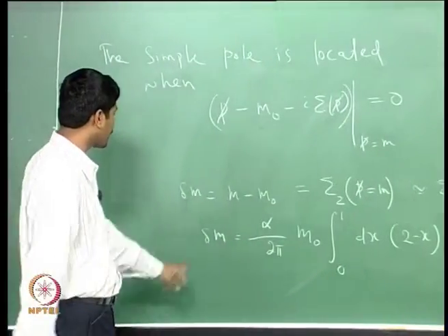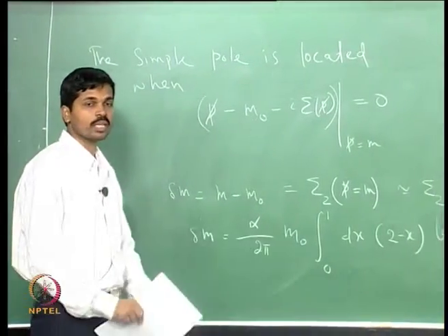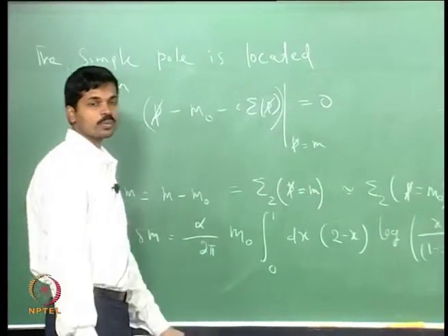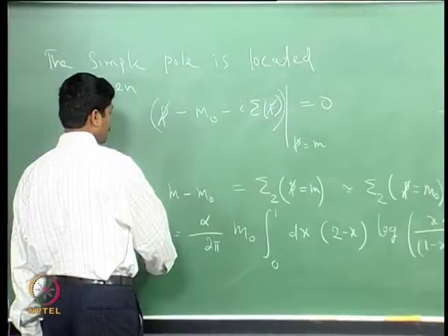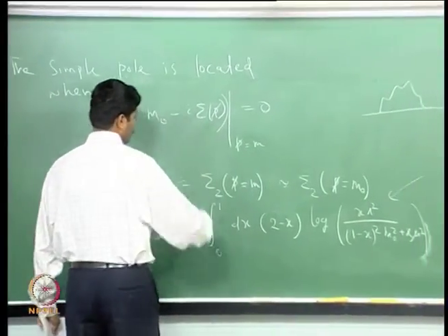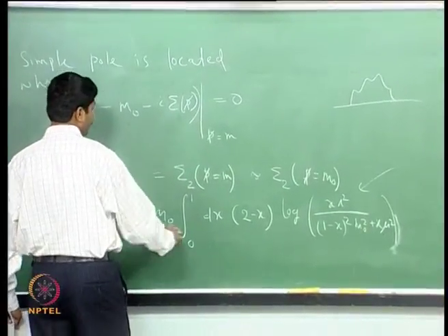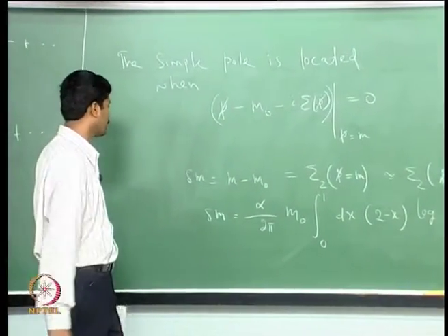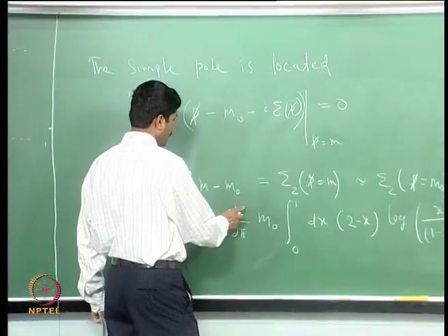Therefore, it looks like the shift in mass is actually divergent, and you can say that the perturbation theory does not make sense, because you are doing a perturbative expansion, and then the next order term is basically divergent.